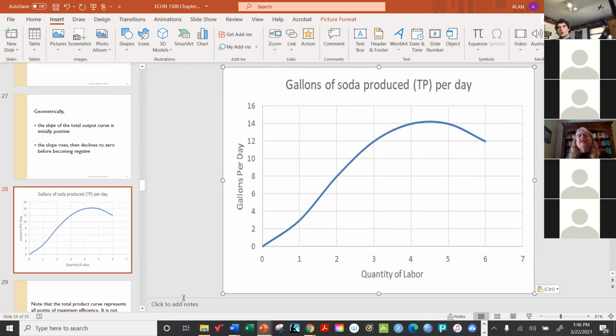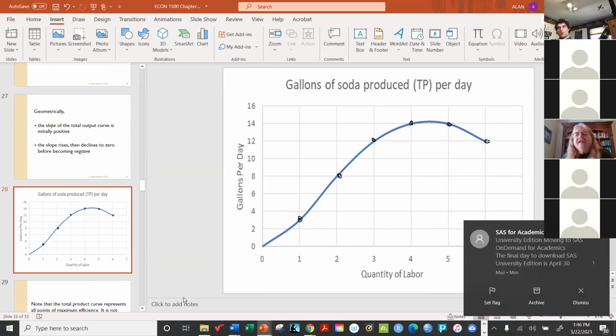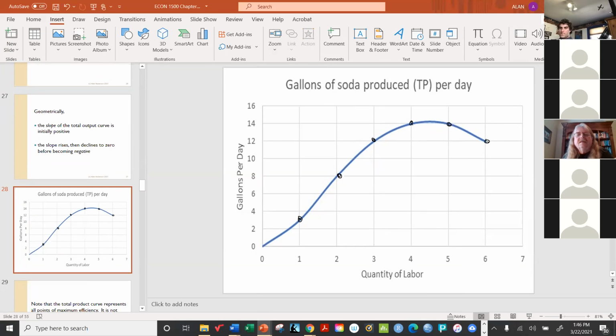What I wanted to show you here is that points on this curve, let's say this is, I can call them anything, A, B, C, D, E, F, G. And then let's add a couple more, like H will be up here somewhere.